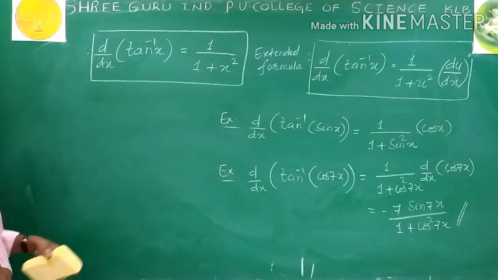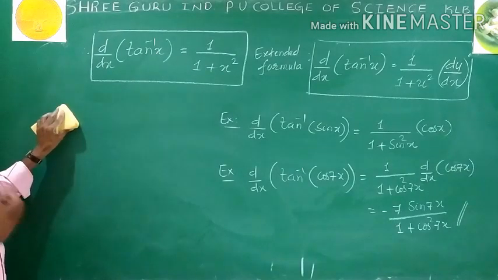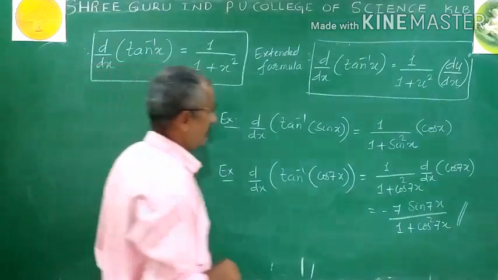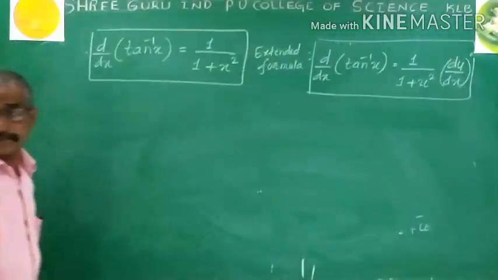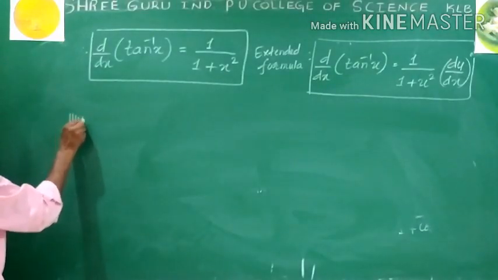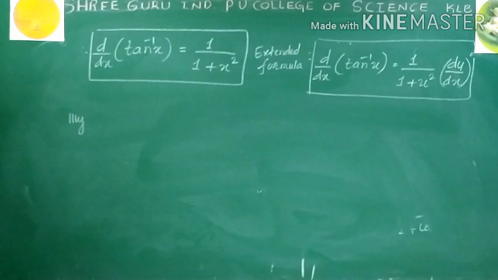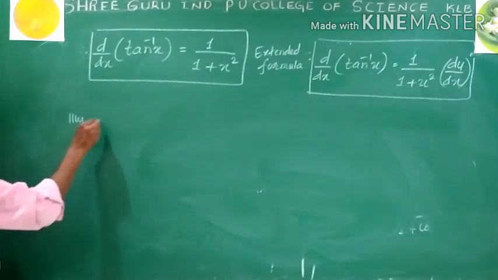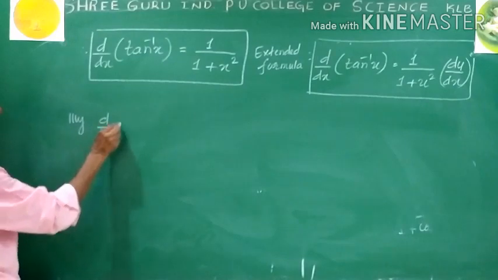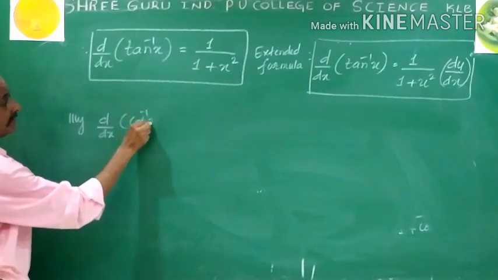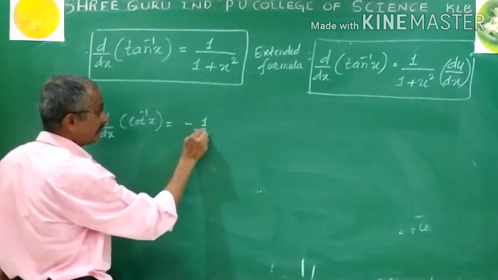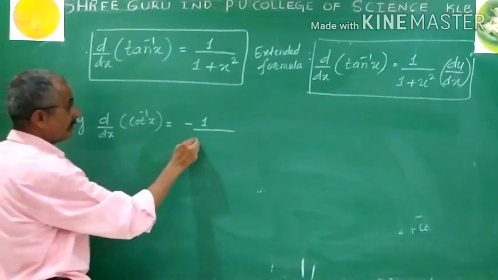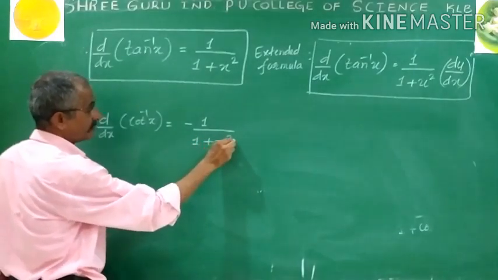So let's derive one more, either secant inverse or cosec inverse. The remaining three are the same type, and you can get them yourself in exactly the same manner. There is no complication at all here. Similarly, dy dx of cot inverse of x: the differentiation of cot inverse x will be minus 1 divided by 1 plus x square.